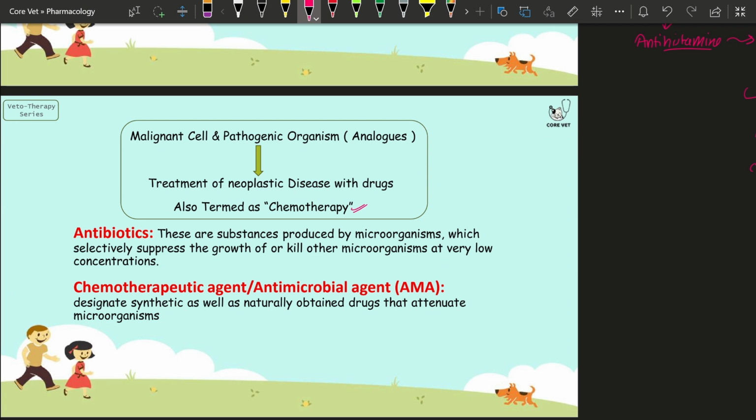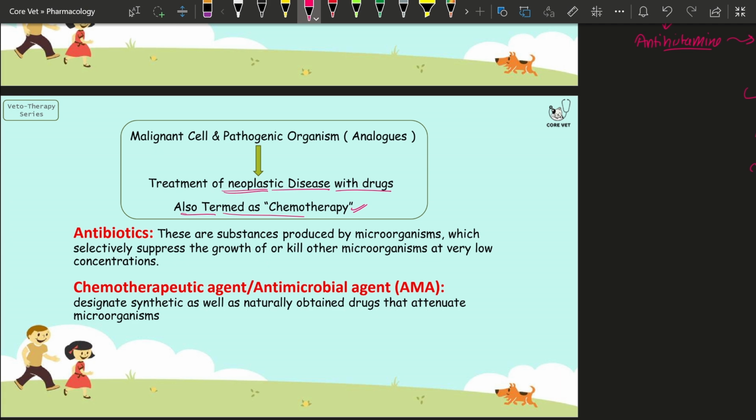So the treatment of neoplastic diseases with drugs is also now termed chemotherapy. Those classes of drugs are also now considered under chemotherapy, because we consider the malignant cells in the body to be foreign organisms, quite analogous to the pathogenic organisms inside the body.